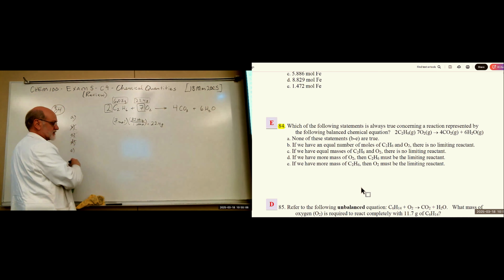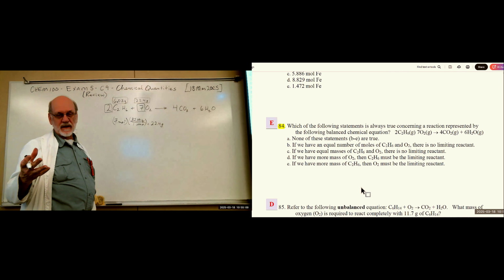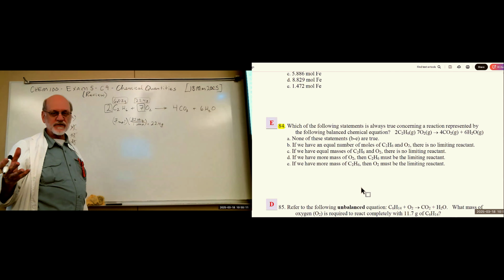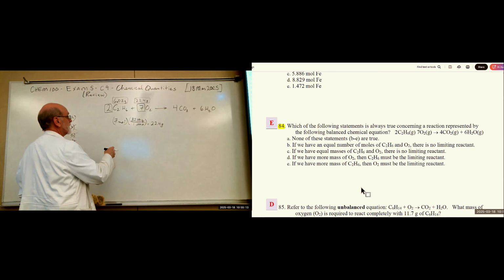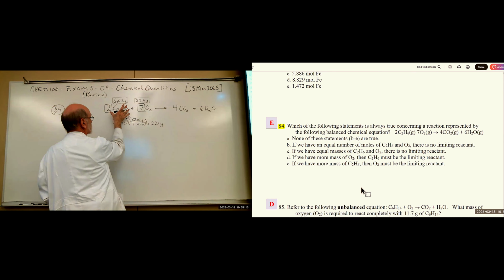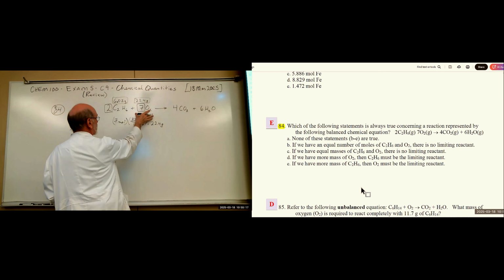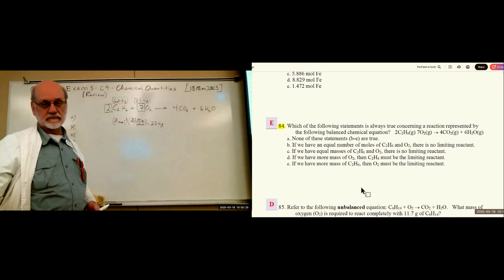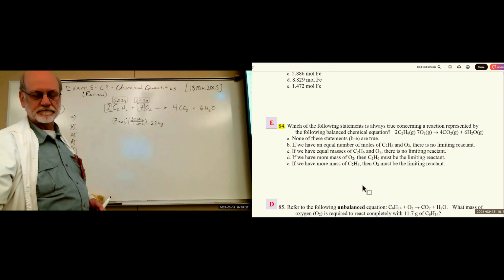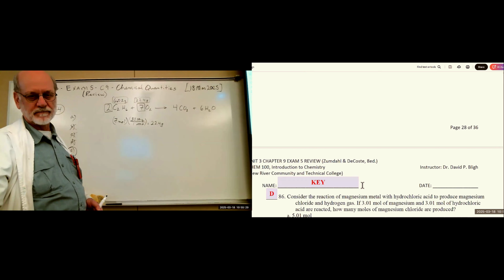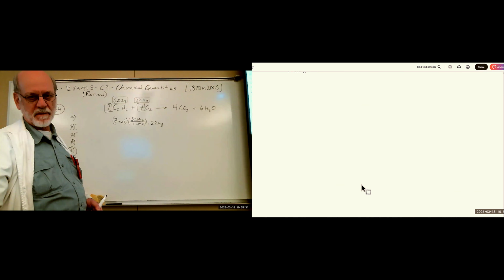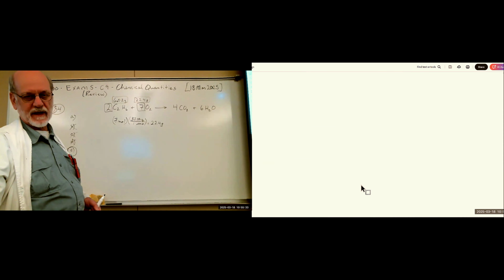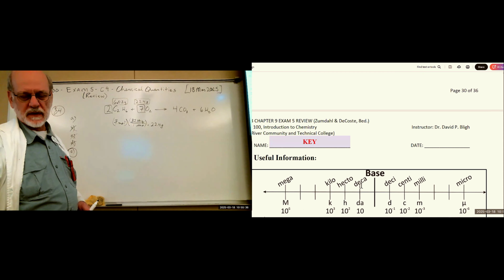So we can't use that statement either. E says more mass of C2H6 than oxygen, oxygen is limiting. Yes. If you have more C2H6 than oxygen, oxygen is definitely limiting. E is your answer. I think that's it. Yep.